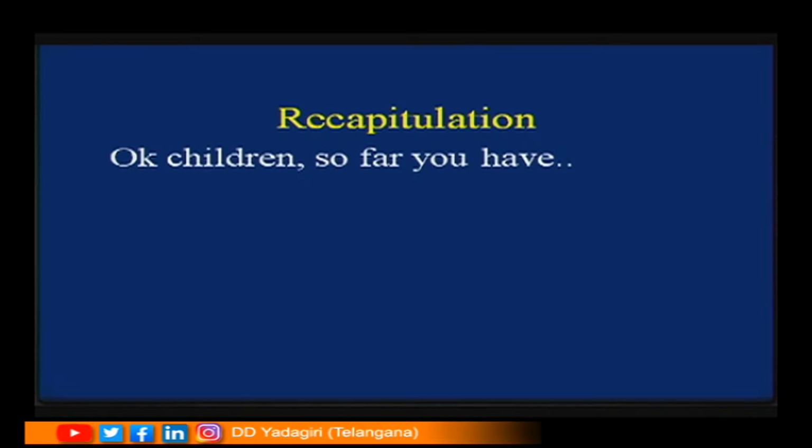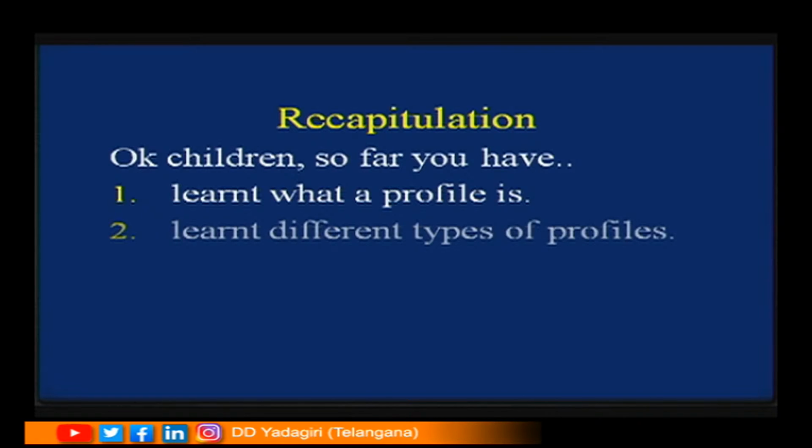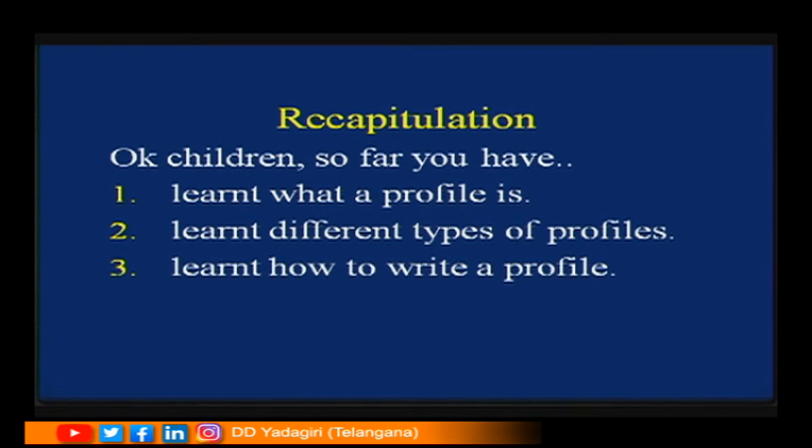Children, we have come to an end of the profile lesson. Let us recapitulate what we have been discussing for the last half an hour. So far you have learnt what a profile is. So far you have learnt different types of profiles. So far you have learnt how to write a profile.